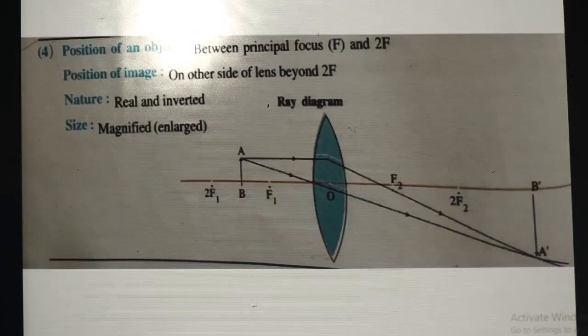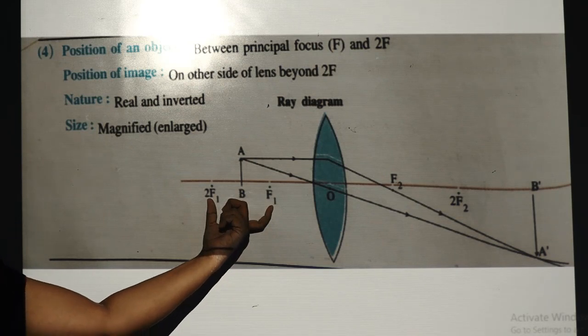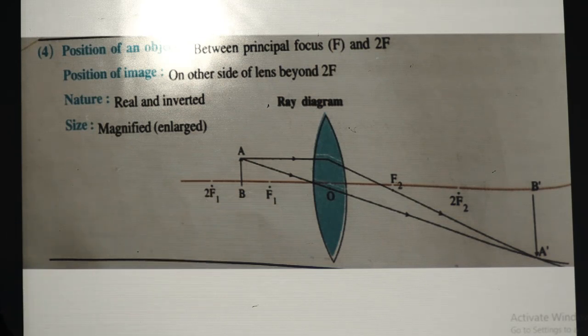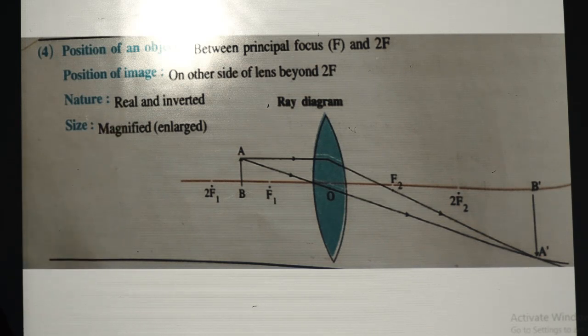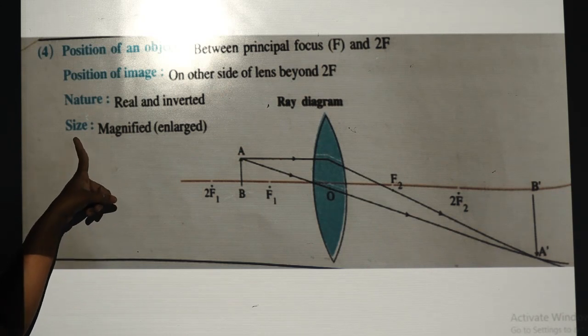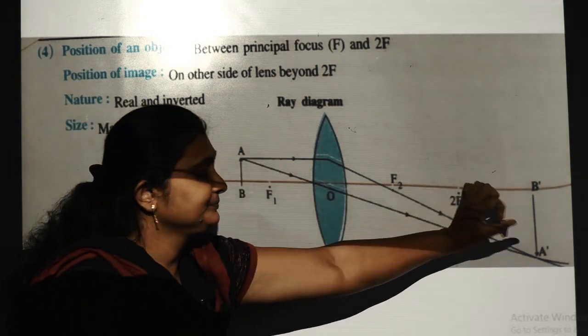Next one, position of object between f1 and 2f1, then after refraction we get the image beyond 2f, and that image is also real and inverted, size magnified. You can see here the size is enlarged.